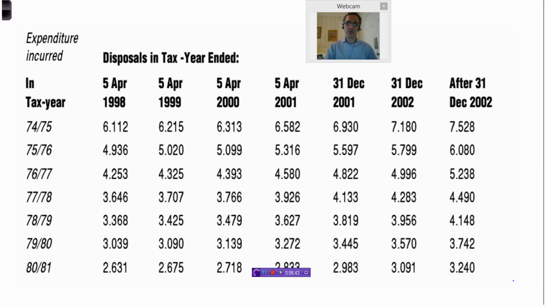We'll have, rather than 1st of January to 31st of December, 5th of April in each of these historical years. So in effect, you've got to look at the date of acquisition, the date that the item was purchased, and find the relevant tax year and take the multiple factor from that tax year. Okay, so just watch out for that. Again, in this area, practice makes perfect, and there are some easy marks to be had. So let's get a good fix on how we index up and what we can index up indeed.